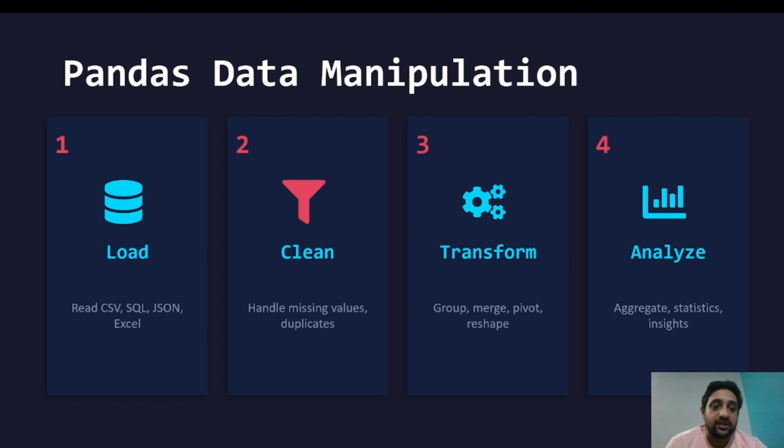Then we transform the data using operations like grouping, merging datasets, and reshaping tables. Finally, we analyze the data by applying statistical methods and extracting insights. This step-by-step process helps convert raw data into meaningful information that can support decision making.